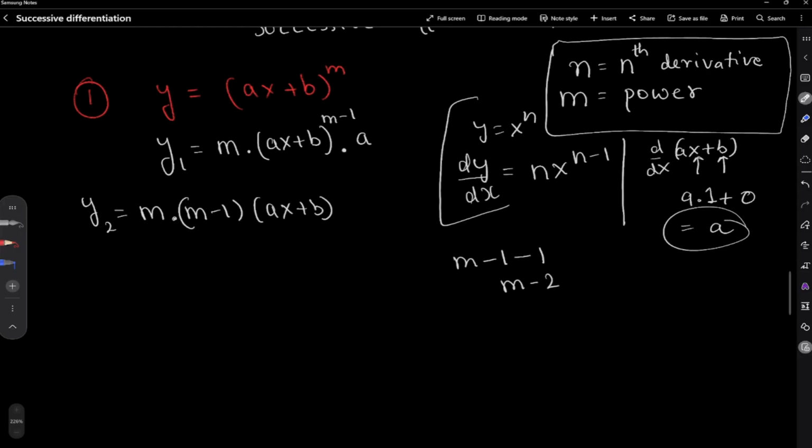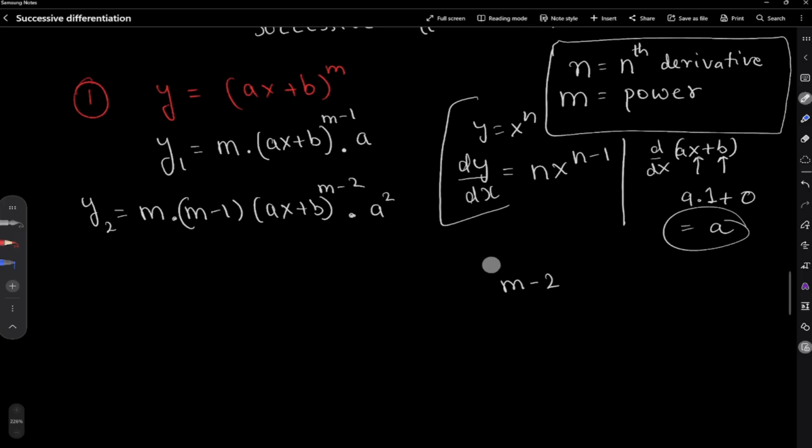So m minus 2 times a, and then we find the differentiation of ax plus b again, so it comes out to be a. So a times a, or I can just write it as a squared. I hope this is clear.